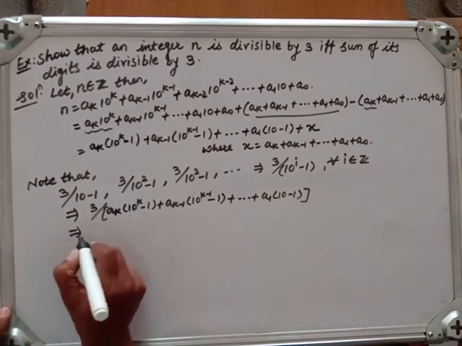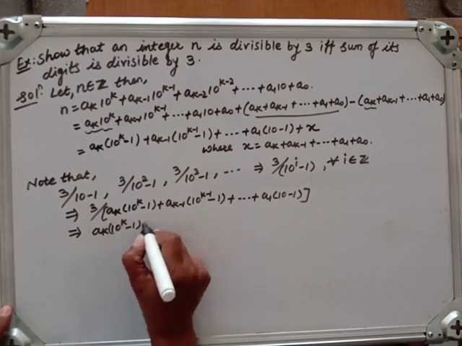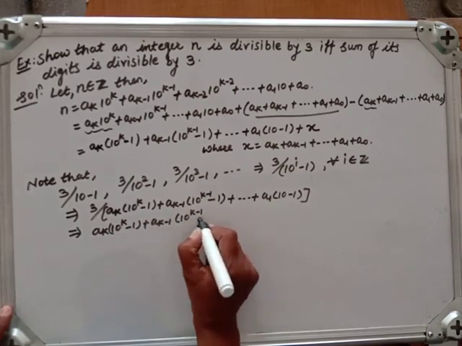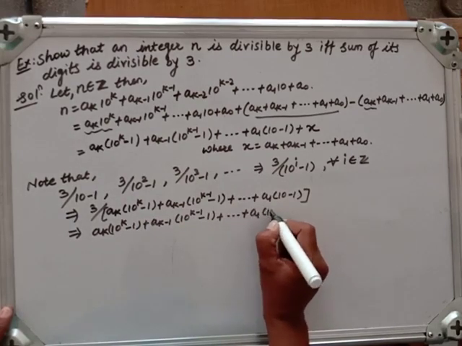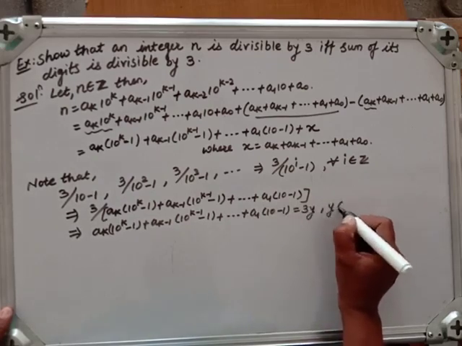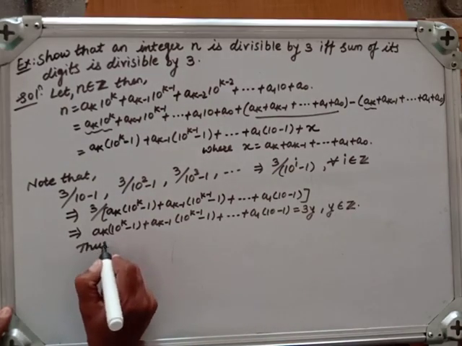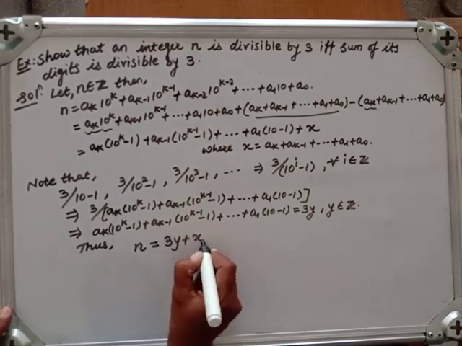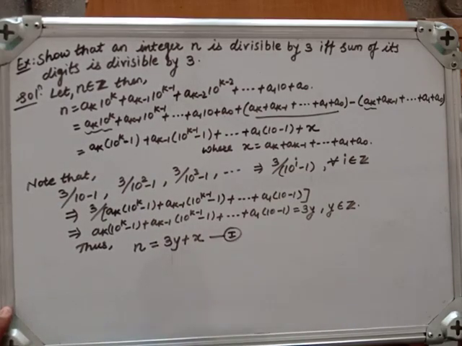So this can be written as ak into (10 raised to k minus 1) plus ak minus 1 into (10 raised to k minus 1 minus 1) plus so on up to a1 into (10 minus 1) is equal to 3y, where y belongs to the set of integers. Thus we get n is equal to 3y plus x. Call it equation number 1.